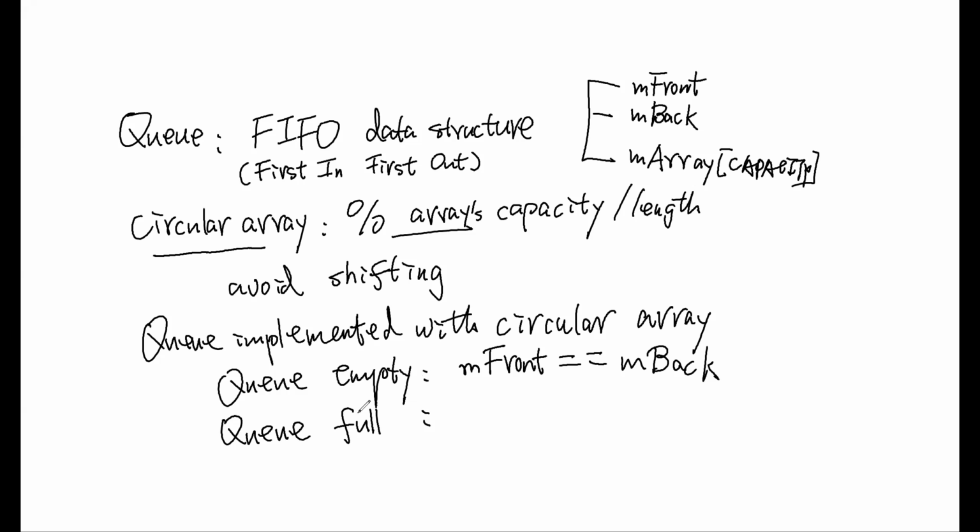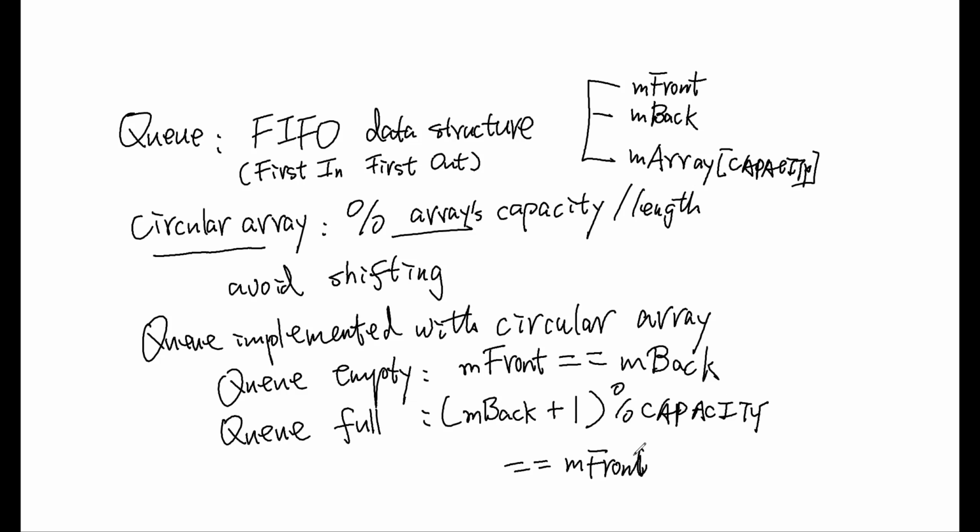There is only one empty slot in the circular array. So if we write it, it's the back index advanced by 1, modulo the array's capacity, equals front. That's when your queue is full.